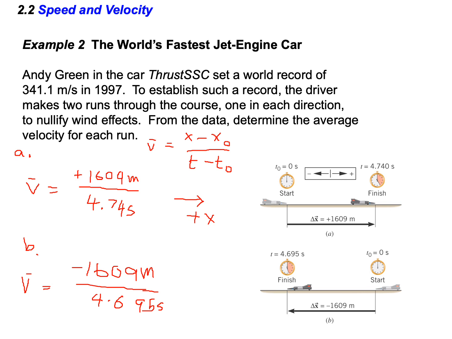And in B, you have a negative number because you travel opposite to the positive x direction. Therefore, your displacement is a negative number, and therefore your velocity is also a negative number.